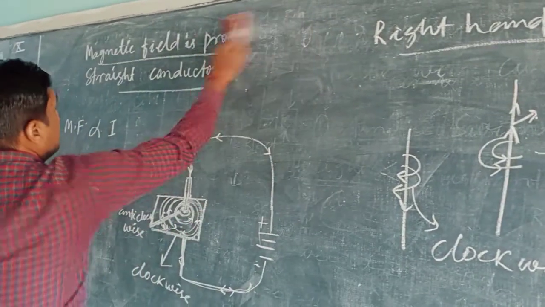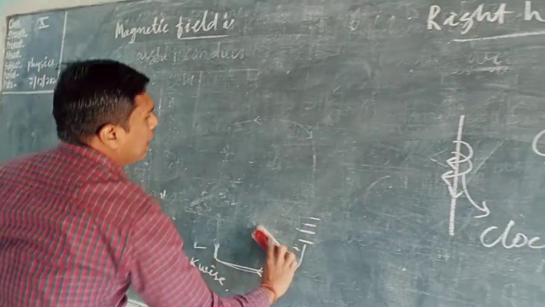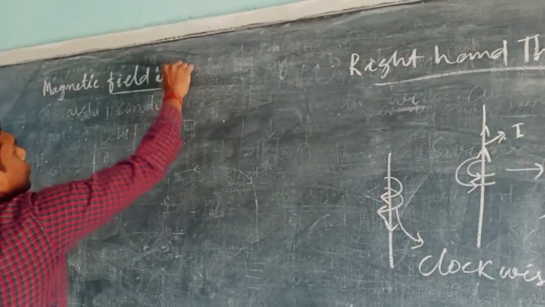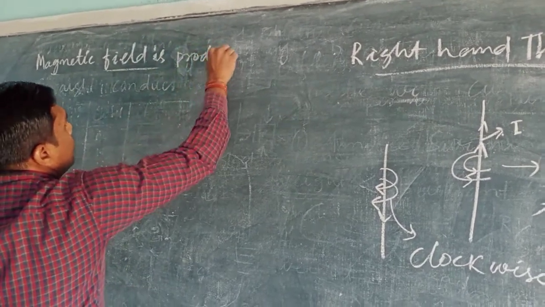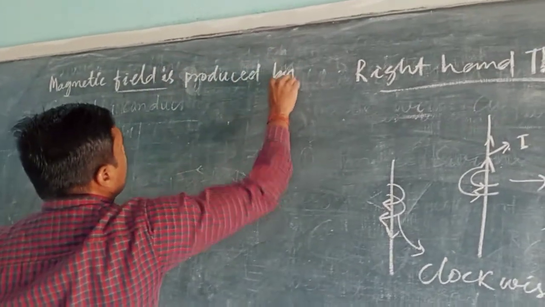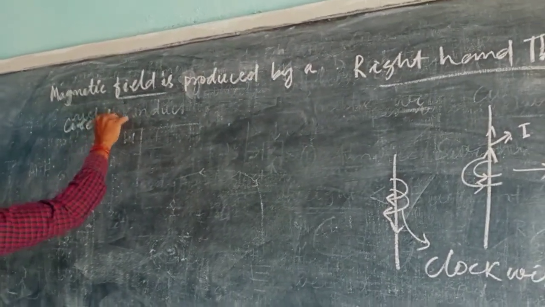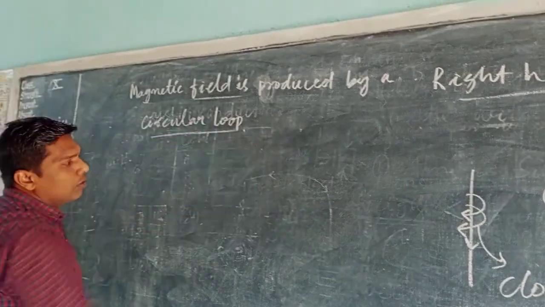Next we will discuss magnetic field lines produced by a circular loop. So what is a circular loop?